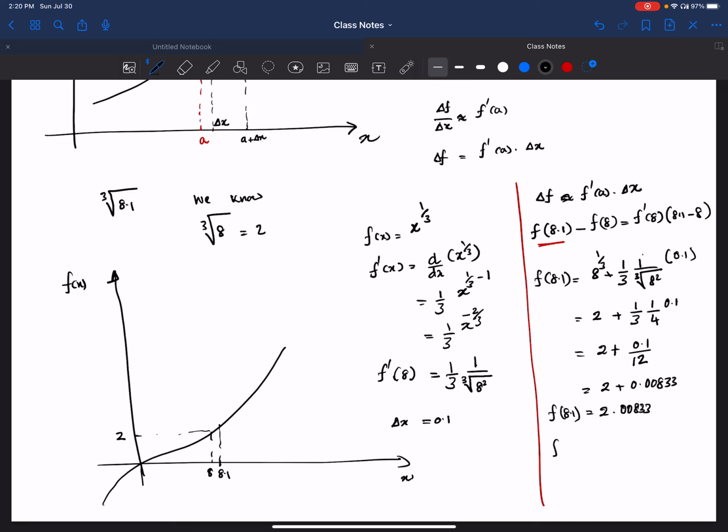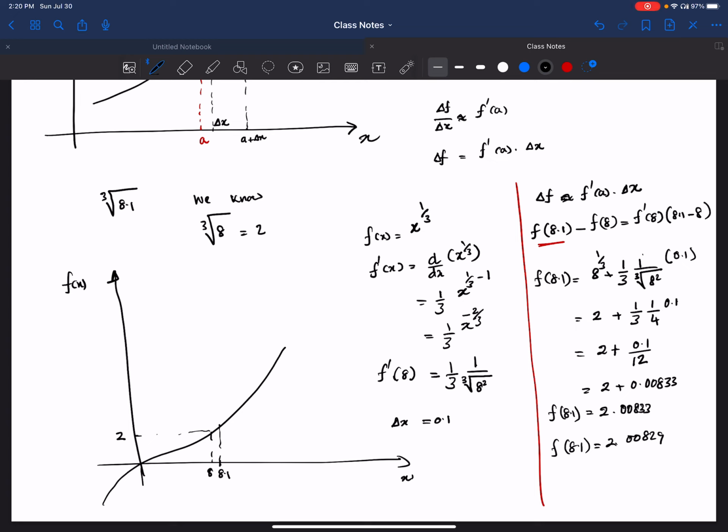Then if you find f of 8.1 using a calculator, it's going to be 2.00829, something like that.